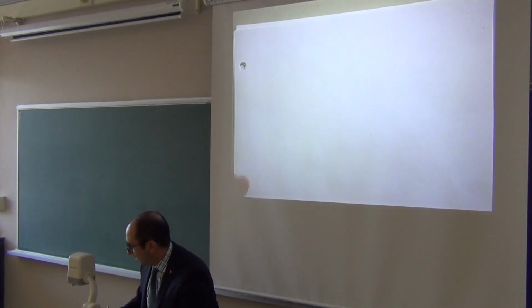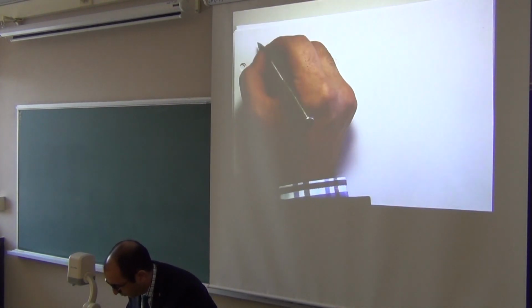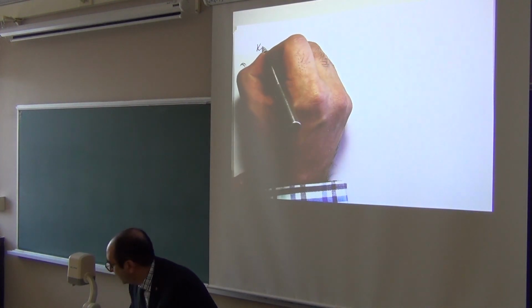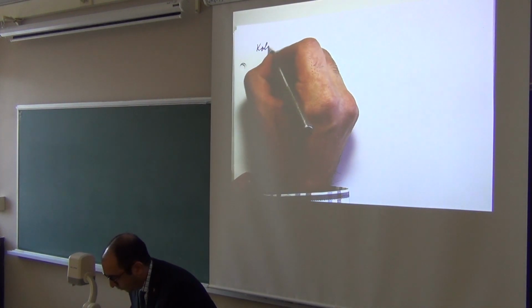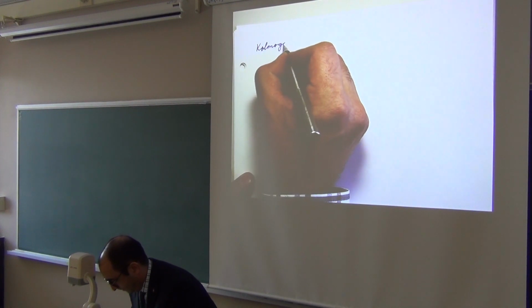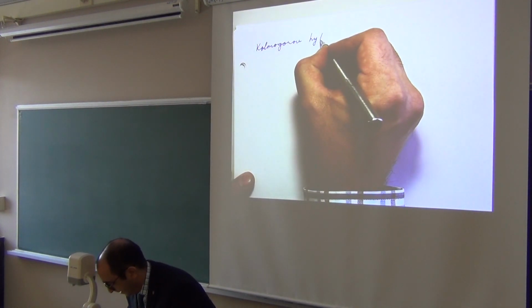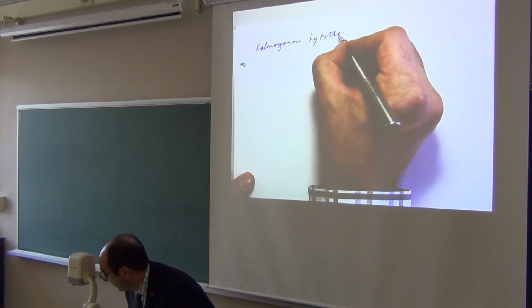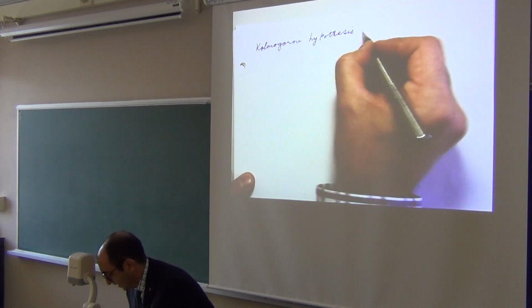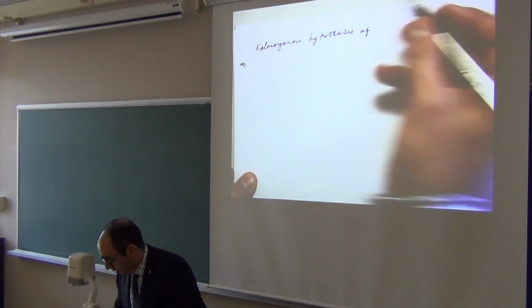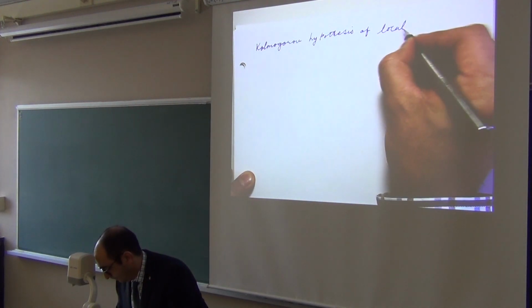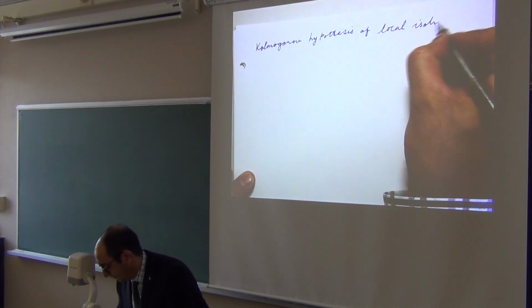Remember the example of flow over a building. So now we're trying to put a picture on Kolmogorov hypothesis of local isotropy.